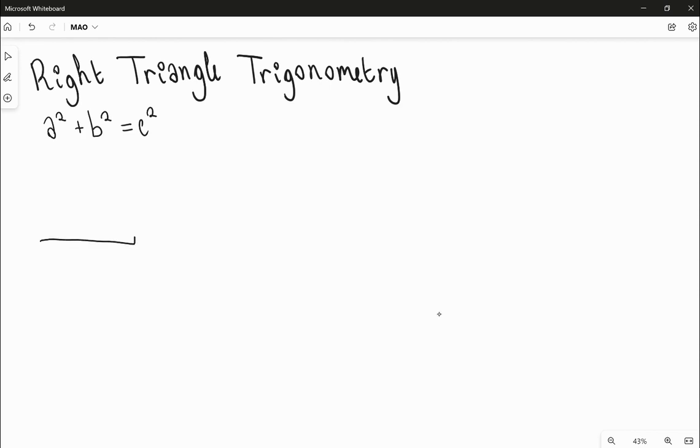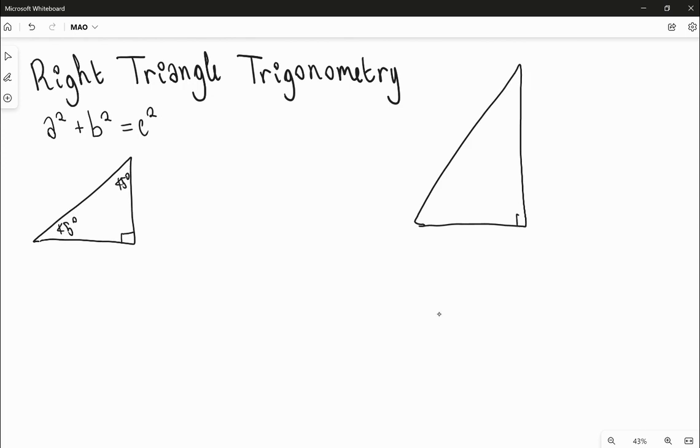We have two of them: a 45, 45, 90 triangle, which is 45 degrees, 45 degrees, and 90 degrees, and over here, a 30, 60, 90 triangle, which is 30 degrees, 60 degrees, and 90 degrees.